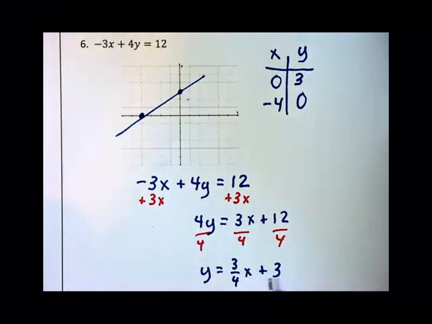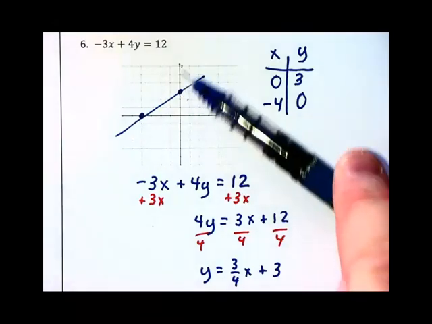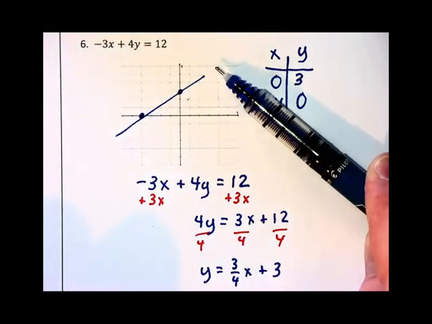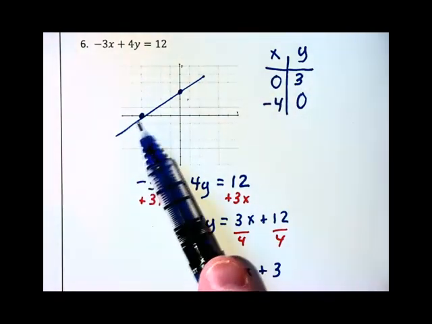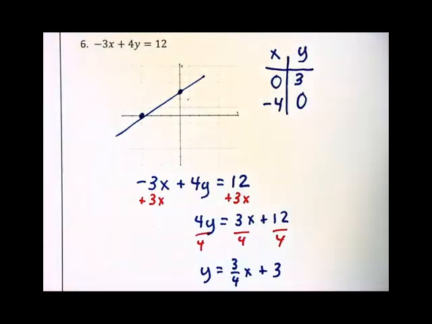Notice that 3 is our y-intercept. Now if we rose 3 and ran 4, that point that we would be getting to is still on our line. If we backtracked back to that x-intercept and went up 3 and over 4, you can see that this is consistent with what we've been working with.